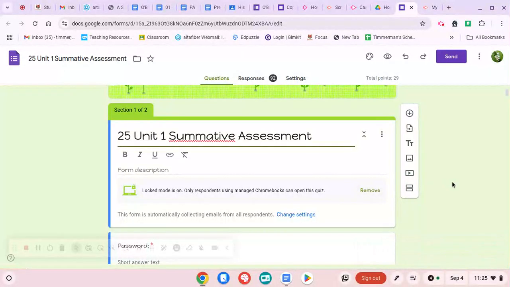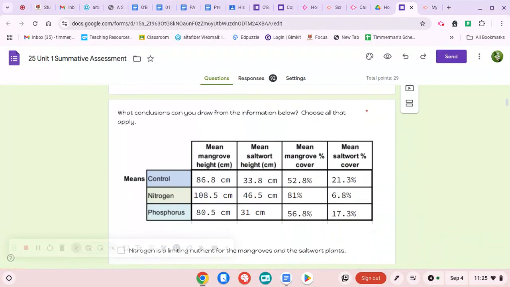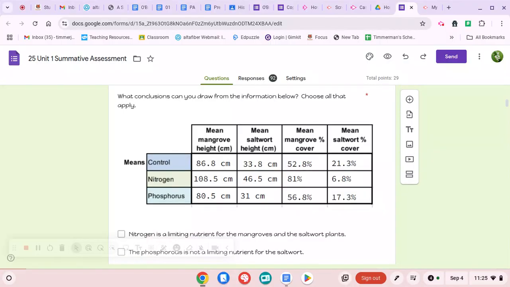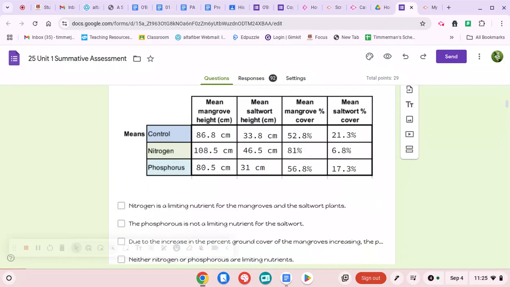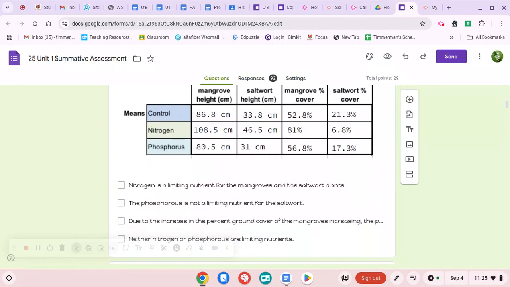Unit 1, Summative Assessment. What conclusions can you draw from the information below? Choose all that apply. Nitrogen is a limiting nutrient for the mangroves and the saltwort plants. The phosphorus is not a limiting nutrient for the saltwort.